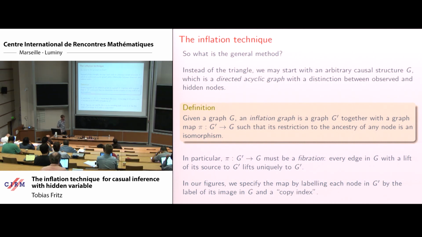But this is not sufficient to be an inflation. We need a little bit more, namely that whenever we restrict pi to the ancestry, the entire causal past of any node, which means we follow all the arrows backwards and take all the backwards paths, then restricted to that, the graph map pi must be an isomorphism.